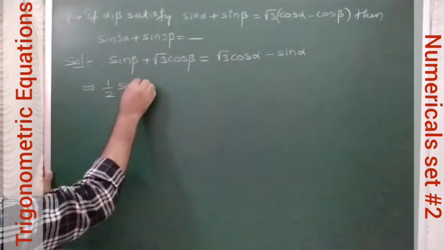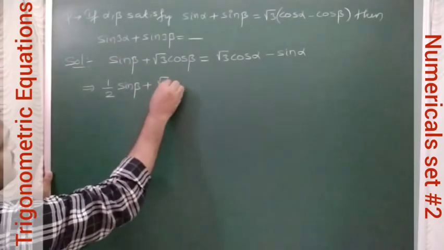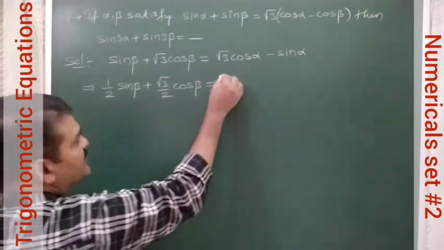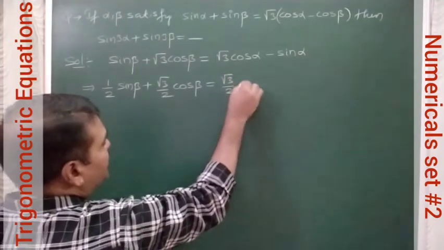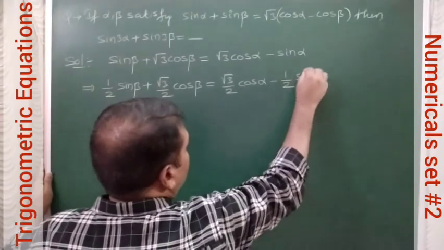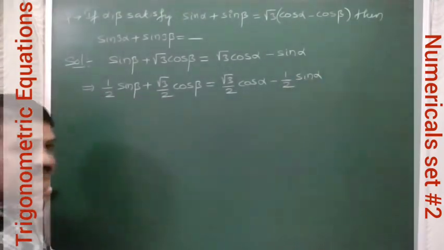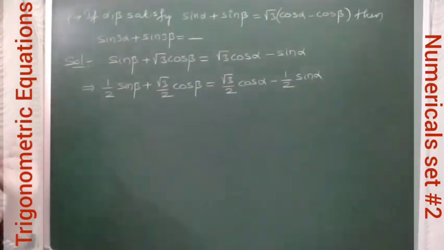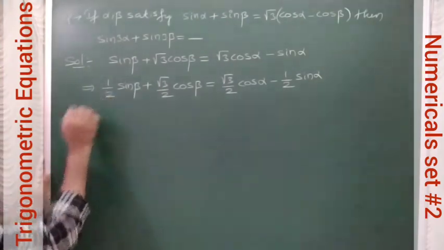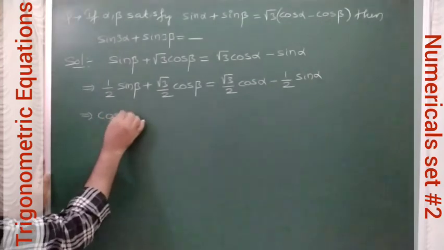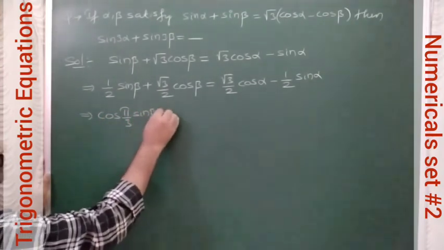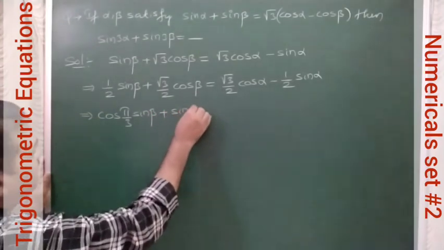1 by 2 sin beta plus root 3 by 2 cos beta is equal to root 3 by 2 cos alpha minus 1 by 2 sin alpha. Now in order to get the standard compound angle formulas, I will write this 1 by 2 as cos pi by 3 and root 3 by 2 as sin pi by 3.